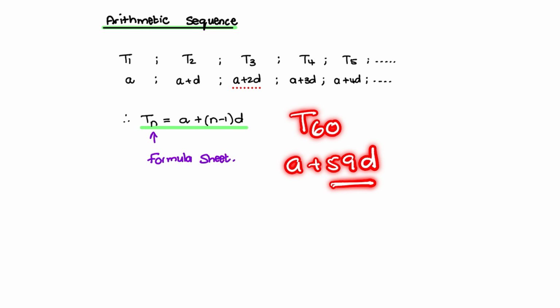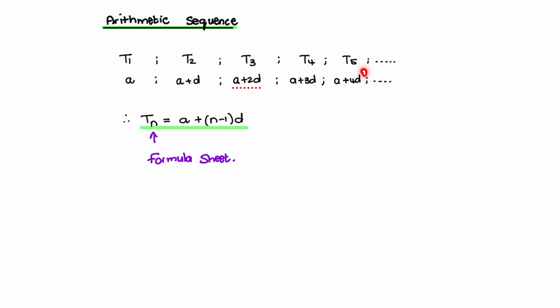So if I go to term 60, it will be A plus 59D. And can you see the difference between the term number and the number of differences that we add is 1. So we are adding 1 less difference than what we have in our term number. And that's why we have (n minus 1)D in our equation.